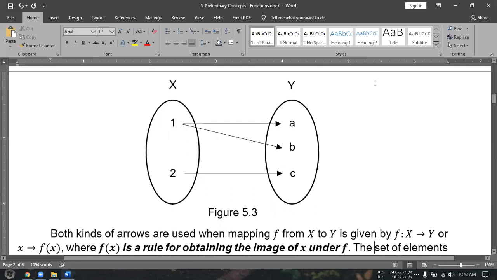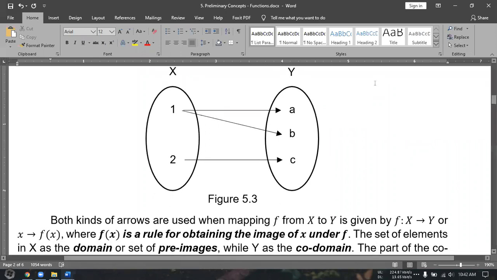Both kinds of arrows are used when mapping f from x to y. It's given by the mapping of f, where x maps to y, or x maps to f of x. Since y, if you return to functions, is just the same as our f of x, where f of x is a rule for obtaining the image of x under f.